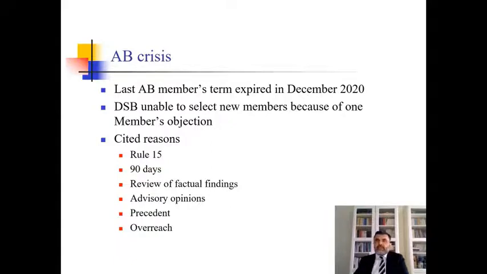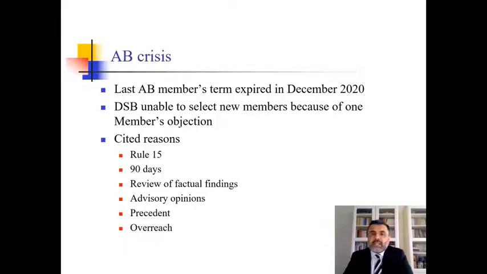Now, the appellate body members are initially selected for 4 years, and their term may be extended up to 8 years. But this rule allowed them to continue serving even after the expiry of their term until they finish the cases to which they have been assigned. The US took issue with the legitimacy or the validity of this rule.